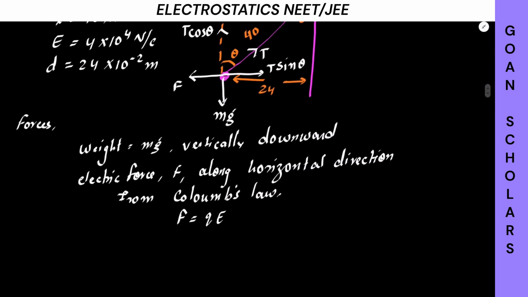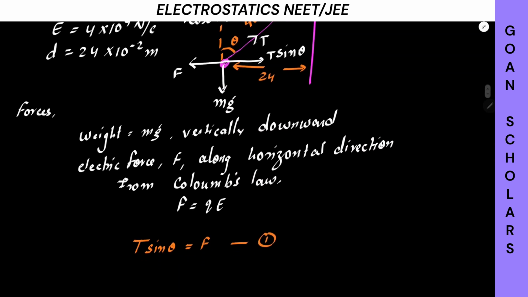Now let's write our equations. Looking at the diagram, the first equation is T sin theta on the right hand side, which equals the force F. What is F? QE. And they should be equal because they are in equilibrium, so the net force along the x-axis should cancel out. So T sin theta must equal F. This is equation 1.